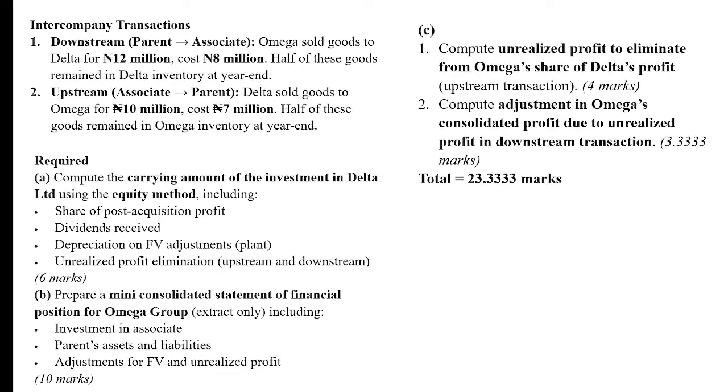Then B, prepare a mini consolidated statement of financial position for Omega Group extract only, including investment in associates, parent's assets and liabilities, adjustment for fair value and unrealized profit. C, compute unrealized profit to eliminate from Omega's share of Delta's profit, upstream transaction. Compute adjustment in Omega's consolidated profit due to unrealized profit in downstream transaction.